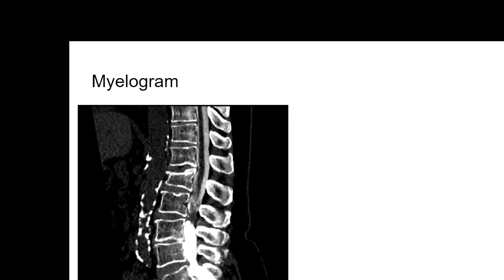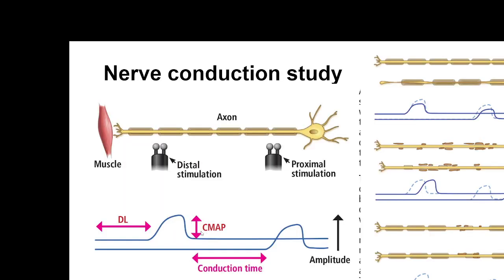Lumbar puncture is one of the common techniques. Myelogram is where you inject a radiopaque dye into the subarachnoid space and the flow of the CSF is studied, and whenever there is a blockade of the CSF, the integrity of the spinal canal can be made out with the myelogram. Of course, when we go into the disease conditions, we will see more of these examples.